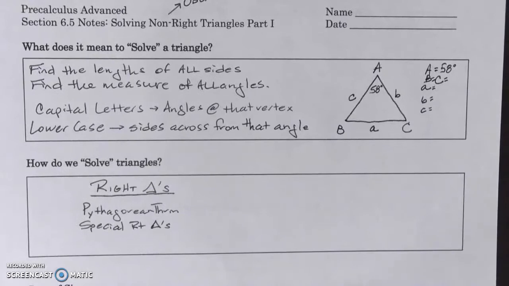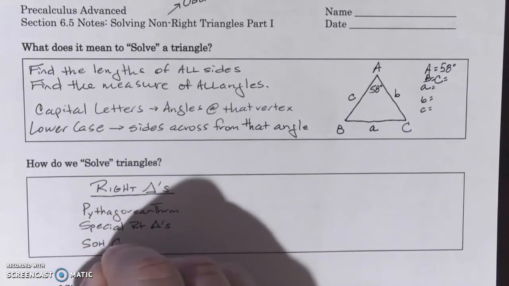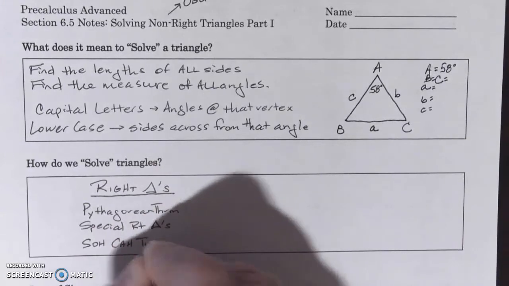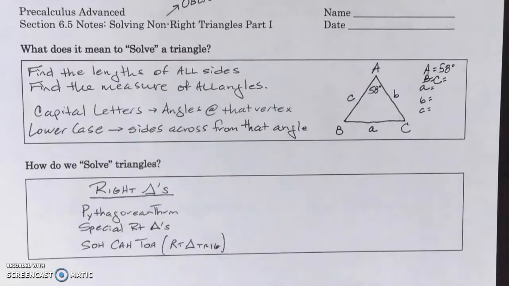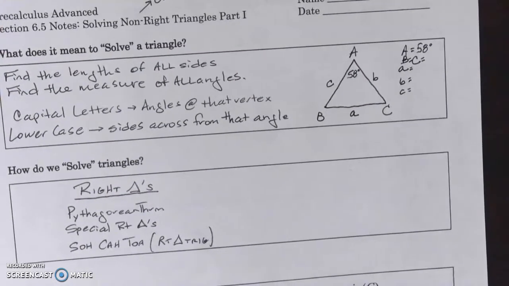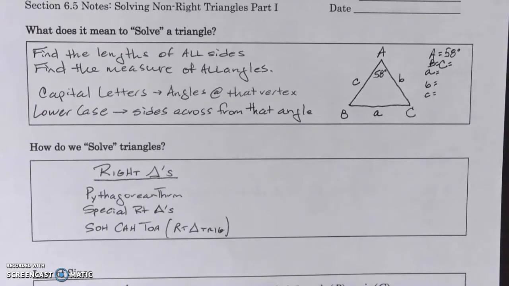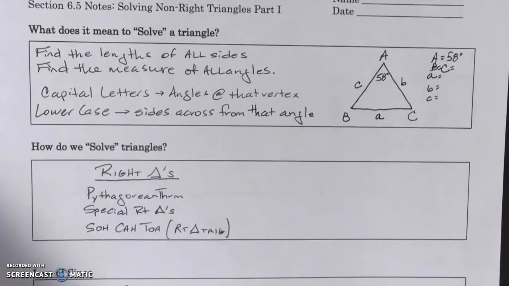That would help us solve for the missing side lengths. Or we use right triangle trigonometry, SOHCAHTOA. Okay? You're going to see sine, cosine, and tangent come into play just a little bit in this chapter, but not using SOHCAHTOA.